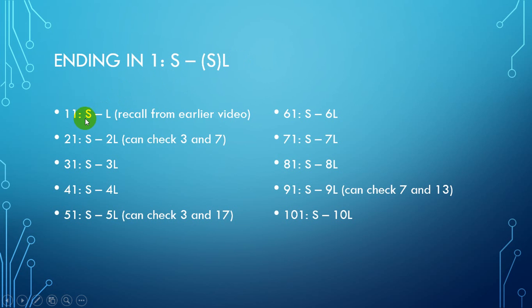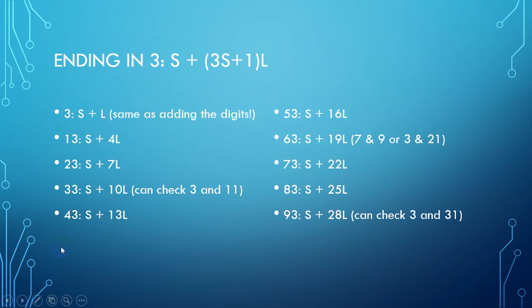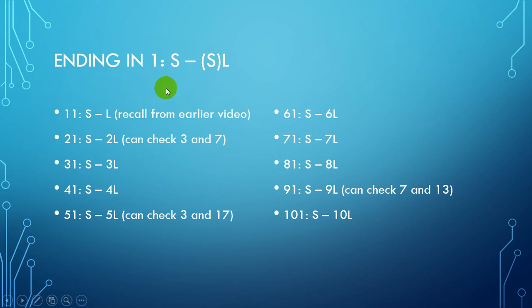So 11, okay, 11 is simply s minus l, and recall that from the earlier video that we did on 11, because the stem is 1, so it's just s minus 1 times l, s minus l. 21, well, the stem is 2, so s minus 2l.